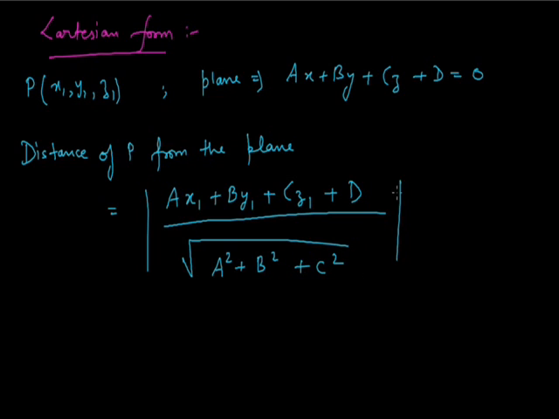If you remember, this formula resembles the formula when we calculate the distance of a point from a line. In that case also we put the point in the line and divide by the root of the sum of squares of the coefficients. So this is how you can calculate the distance of a point from the plane whose equation is given in Cartesian form. Let's take an illustration.